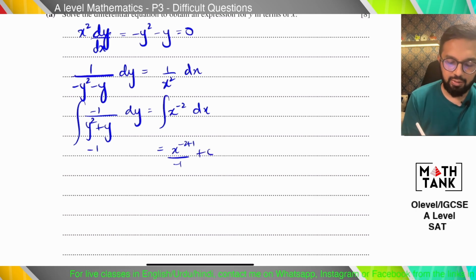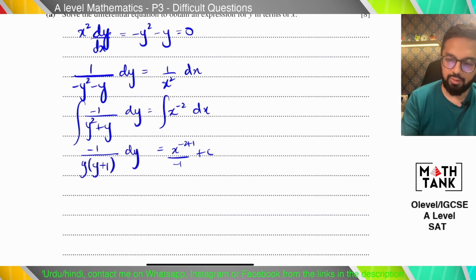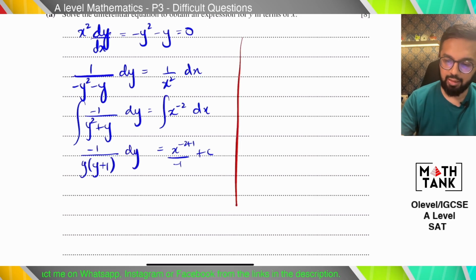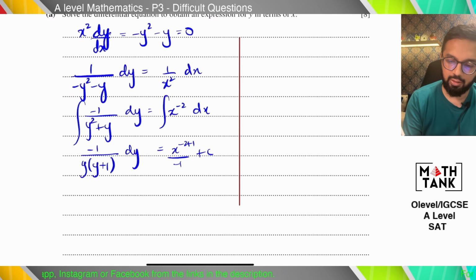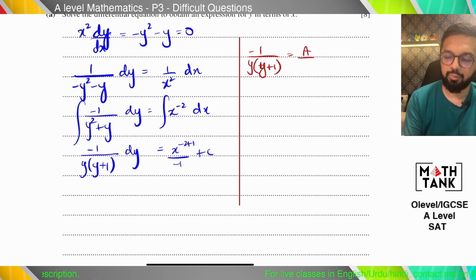What happens on the other side is I see partial fractions now. So I'm going to first take this to the other side and do my partial fractions here. I'm going to say that this can be broken up into a over y plus b over y plus 1.